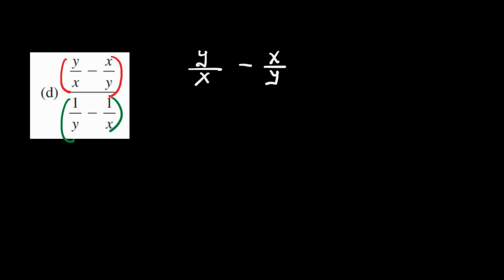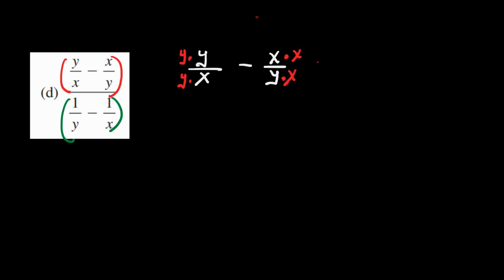So now we can simply multiply the denominator by y and also multiply the numerator by y. At the same time, multiply this by x and multiply this by x.